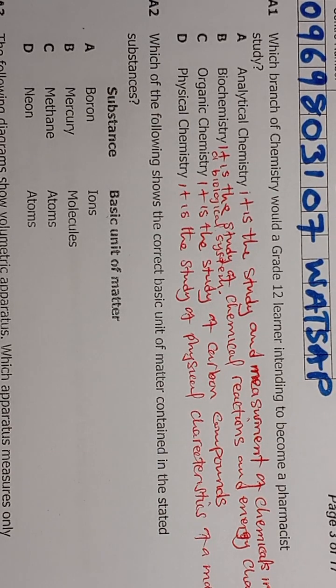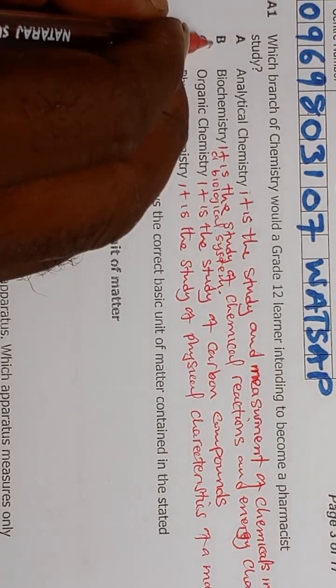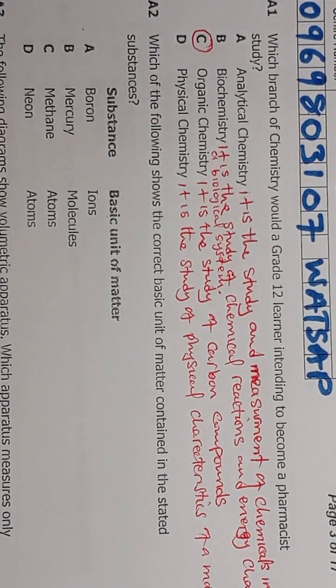So we go back to the question, which branch of chemistry would a grade 12 learner intending to become a pharmacist study? So the answer is C, organic chemistry. Let us defend our answer. So why is organic chemistry?